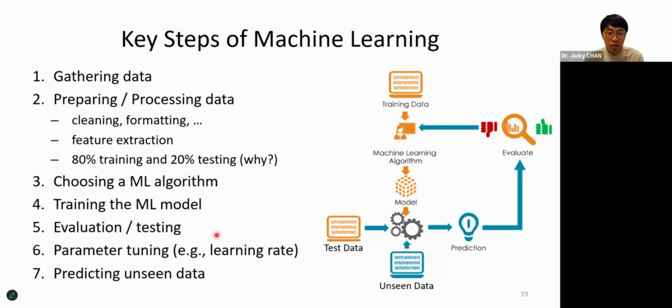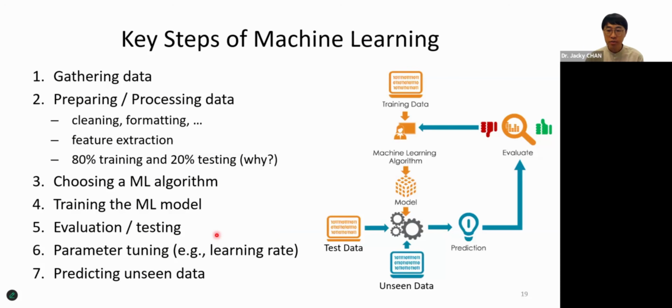Evaluate the model, see whether it works well, based on, for example, the accuracy. You know how well it is. If it is not good enough, then you repeat the previous steps. Maybe you look at the model, whether you chose the right one. Maybe you look at the data, whether it is clean or not. Or you try to tune the parameters.